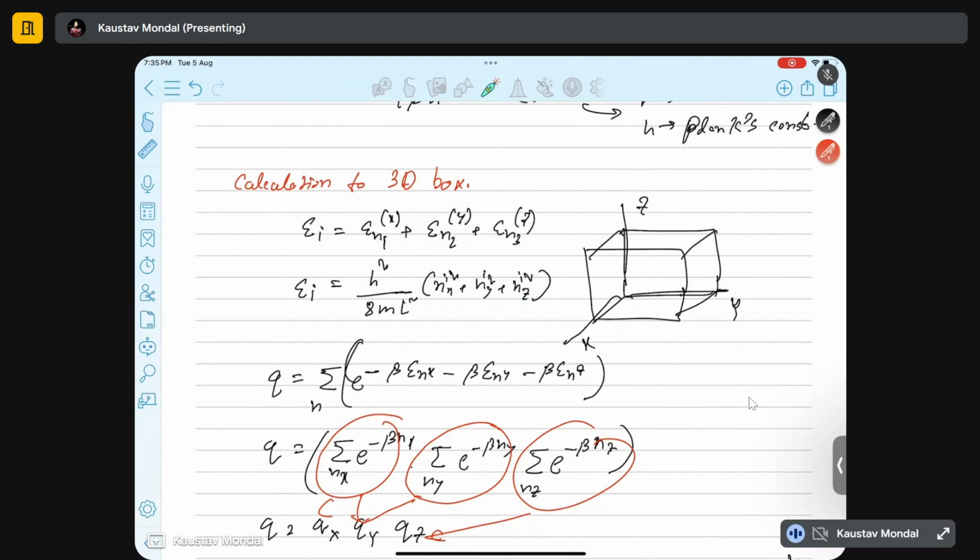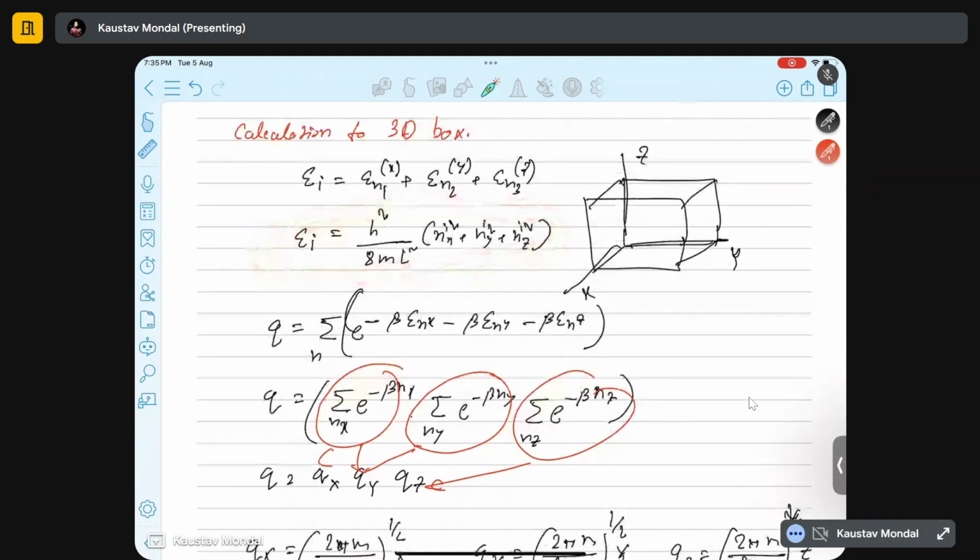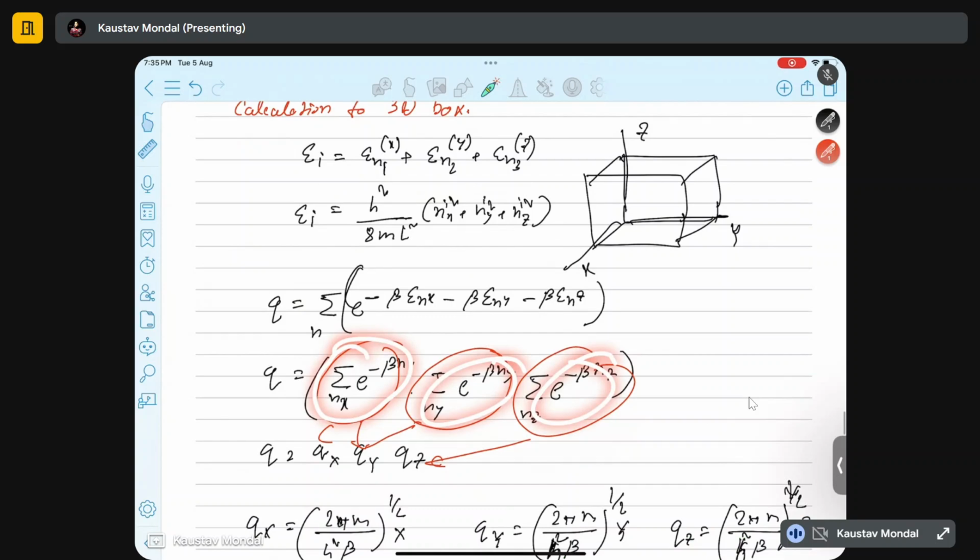For this energy state we can calculate the partition function also, Q divided by e to the power of enx, eny, enz. We do the summation in a similar way over nx, ny and nz, so we come up with q as qx, qy and qz.